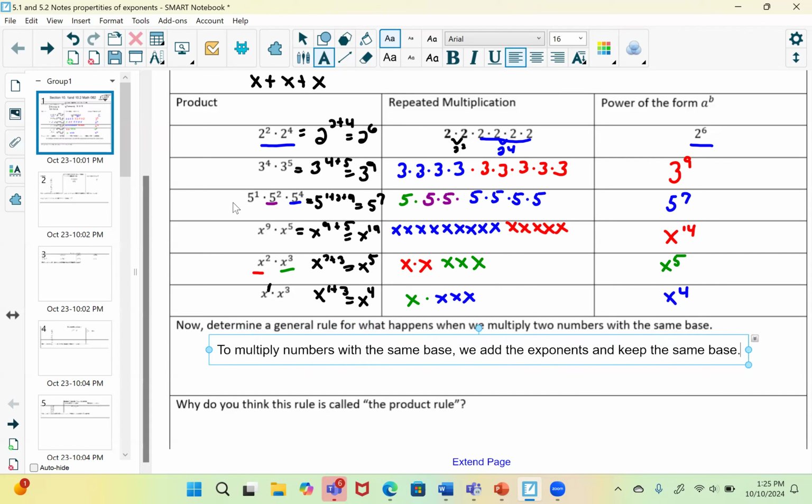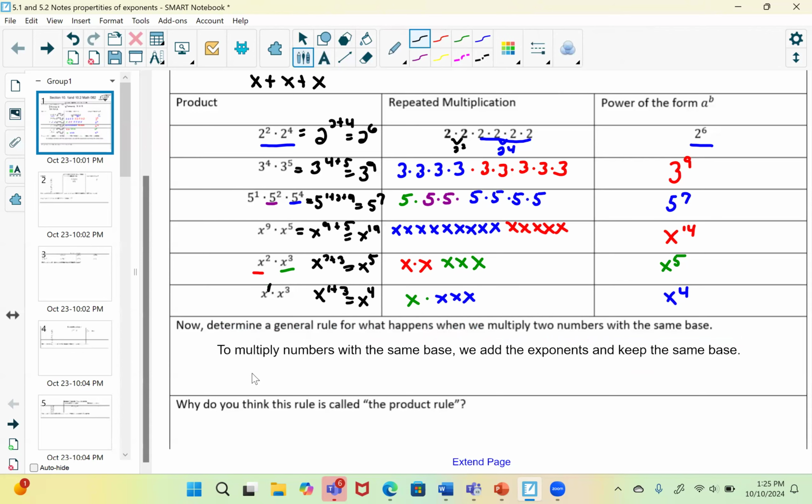And the formula is: if we have x to the a times x to the b, we get x to the a plus b. Okay, so the base has to be the same variable or the same number, but then we can add the exponents.